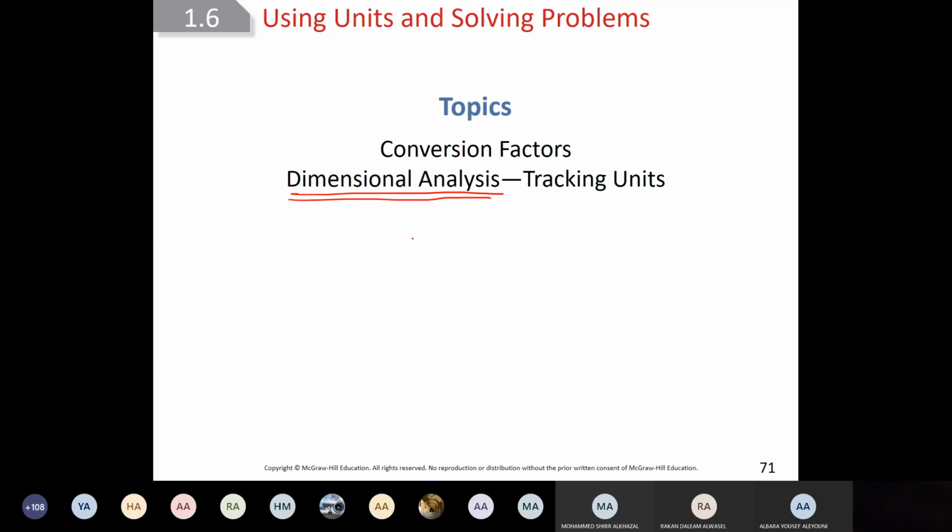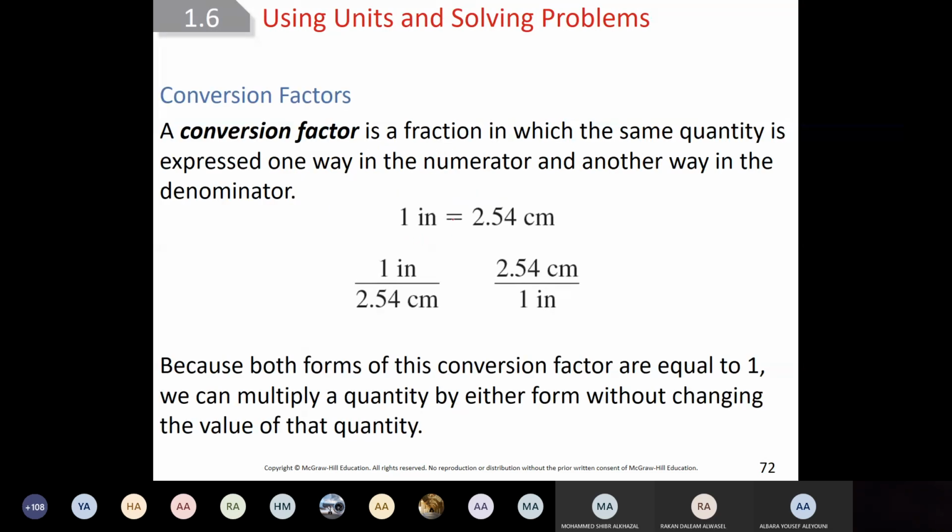If you have two equalities, for example, 1 inch is equal to 2.54 centimeter. In this case, I will consider the 1 inch as exact, because exactly 1 inch is 2.54 centimeter.